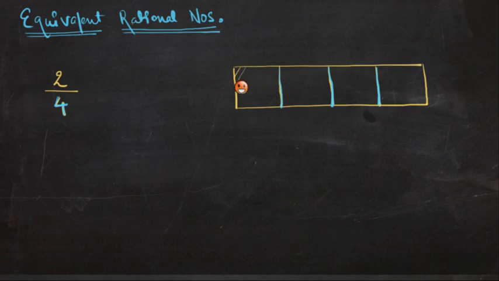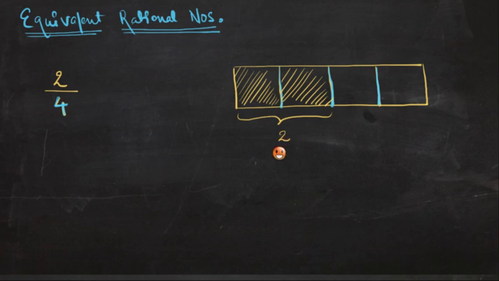So if I would shade, let's say this is the first part and this is the second part. So this portion represents 2 out of this entire 4 portions. That is the meaning of 2 upon 4.